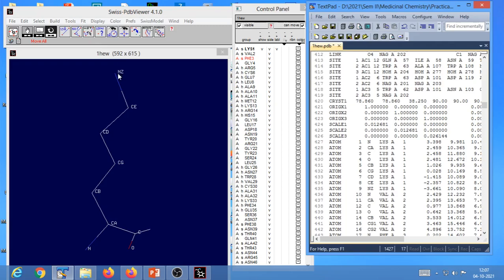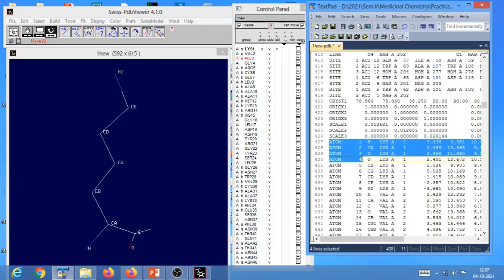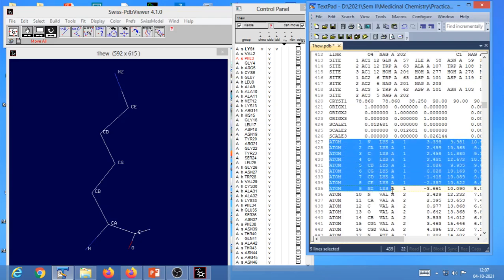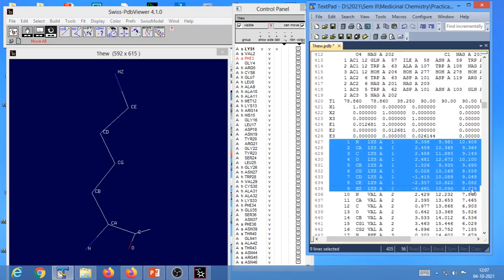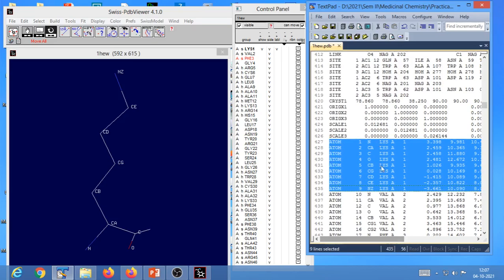So what you are visualizing is the information that is present from line number 1 to line number this much. This is the information that you're visualizing over here.